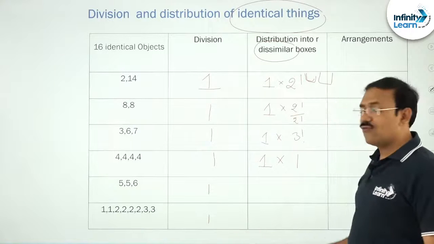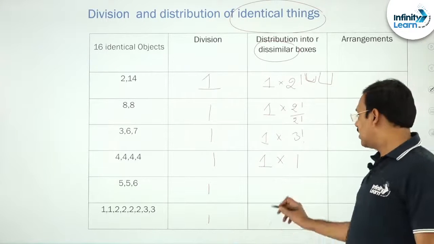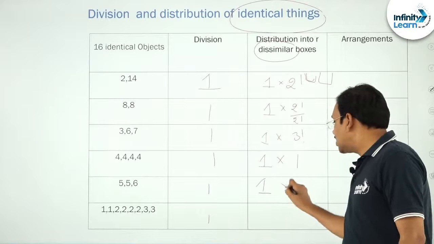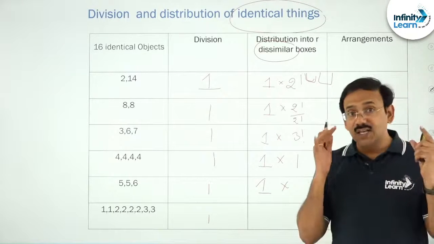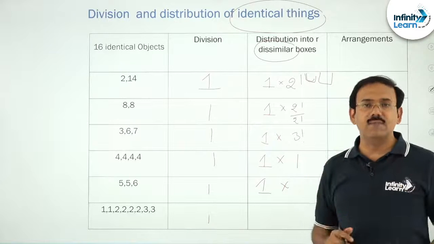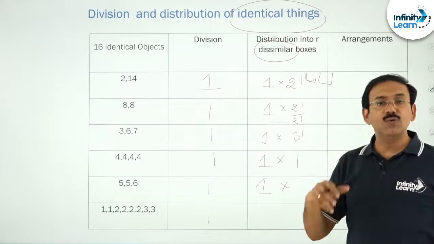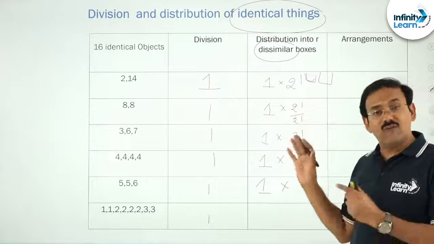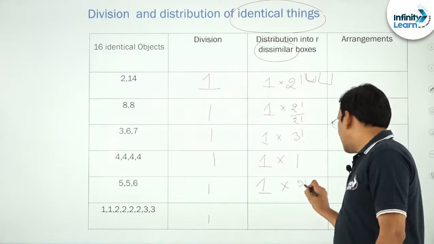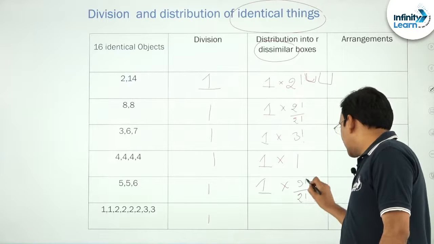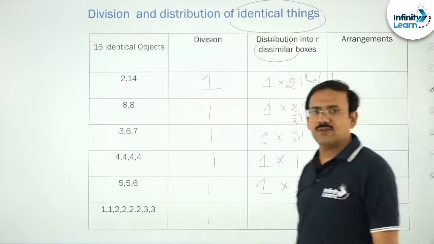Fine. Next 5, 6: division is one way, then distribution. 5 A's, 6 A's means 3 items of which 2 are the same, like P, P, Q. You need to arrange them into 3 different boxes, means 3 different places. 3 factorial by 2 factorial. Am I correct? 3 factorial by 2 factorial.